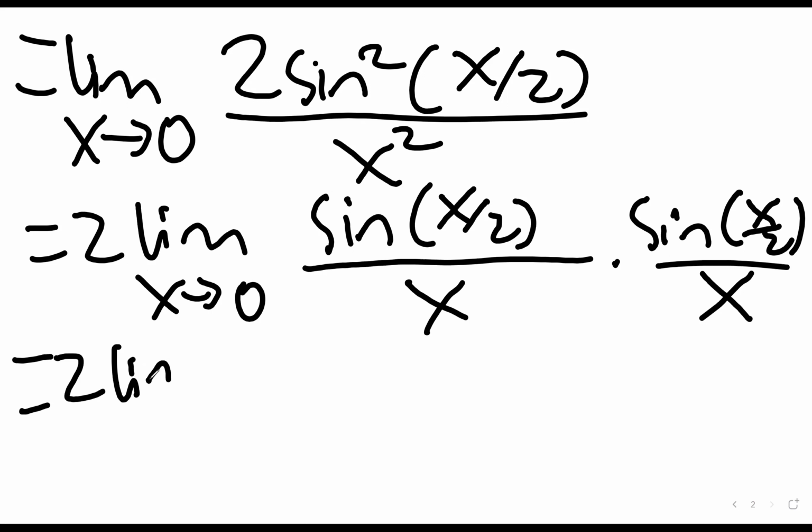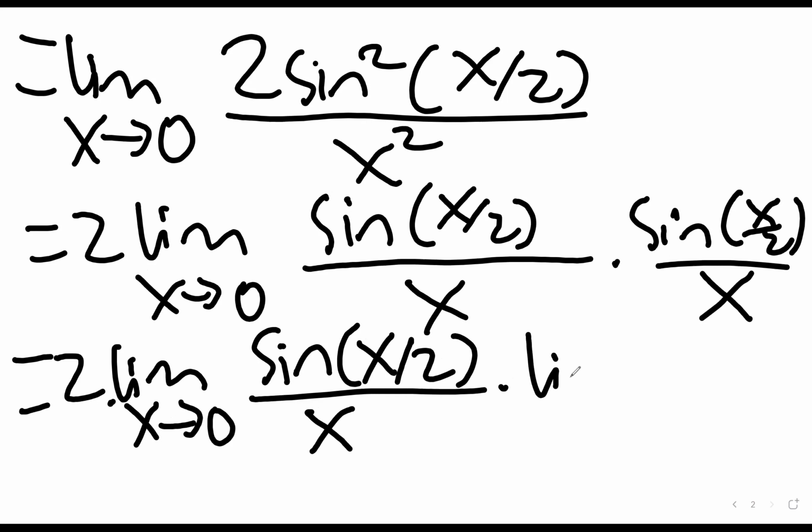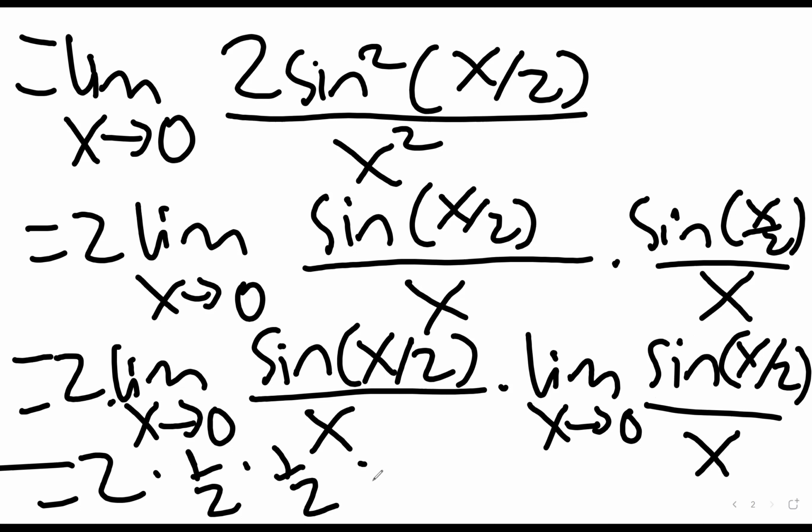So 2 times the limit as x tends to 0 of sine x over 2 divided by x, multiplied by the limit as x tends to 0 of sine x over 2 divided by x. In this case, I have 2 times half times half here. Of course, the value of the limit is obviously half. So this is the verification.